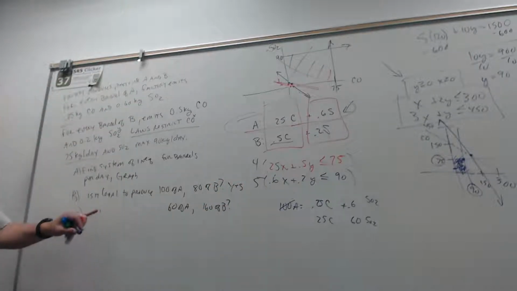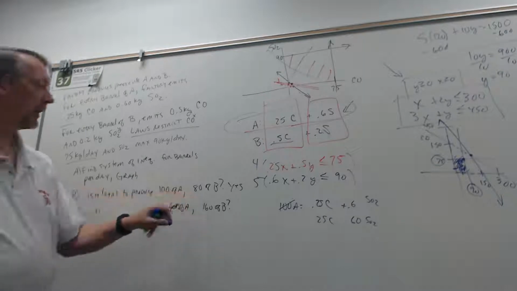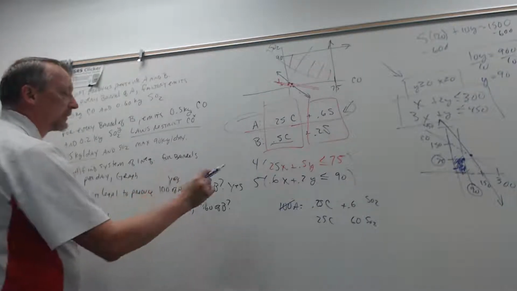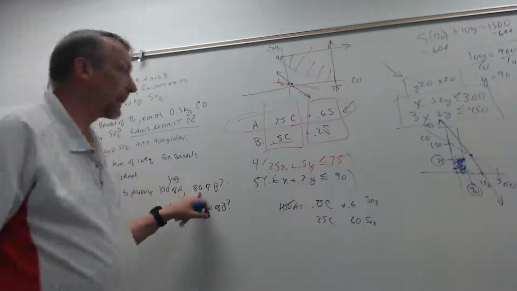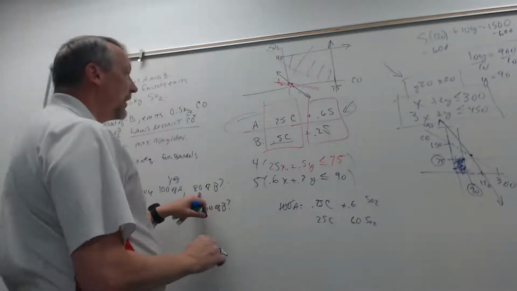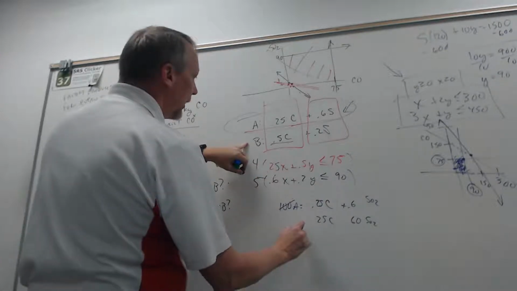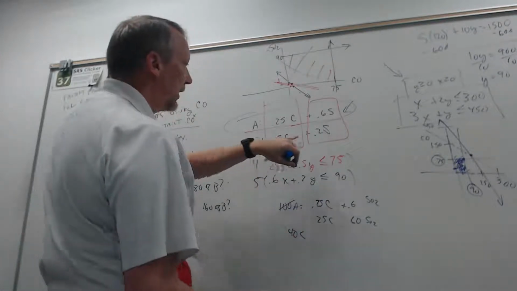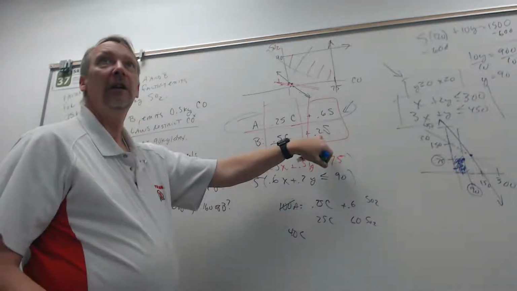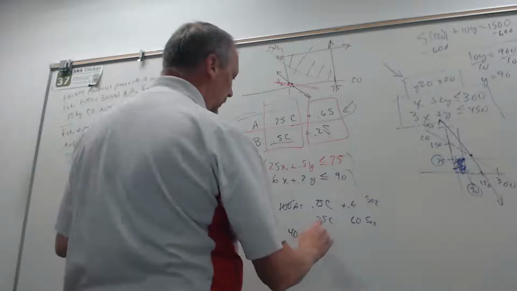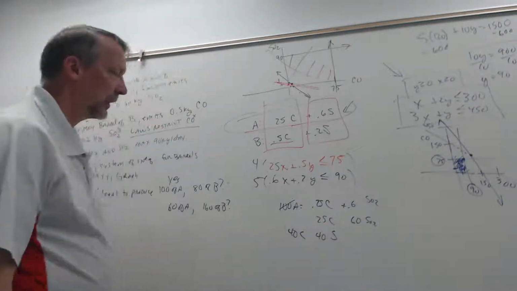Is it legal to produce 80 of B? So 80 of B would be 80 times a half, so that would be 40 of the carbon monoxide, and 80 times 0.2 is 16... 40 of the SO2, okay?